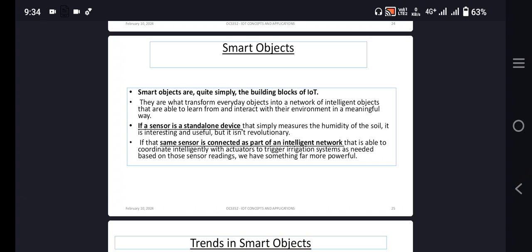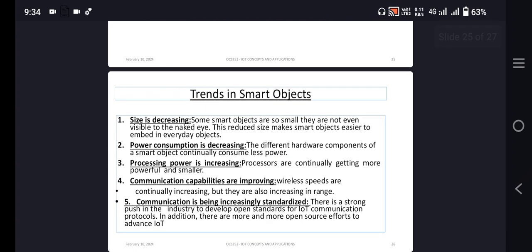If the same sensor is connected as part of an intelligent network that is able to coordinate intelligently with the actuators to trigger an irrigation system as needed based on those sensor readings, we have something far more useful. The trends in smart objects are: size is decreasing, power consumption is decreasing, processing power is increasing, communication capabilities are improving, and communication is being increasingly standardized.